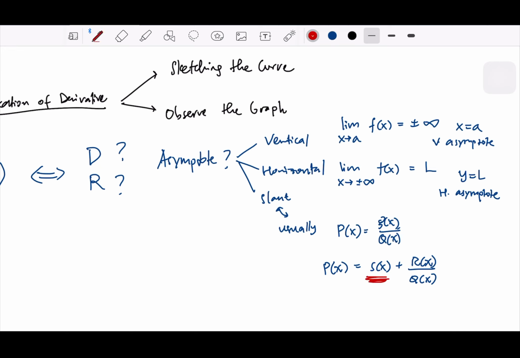Usually this x as x will be a slant. Usually. Okay.